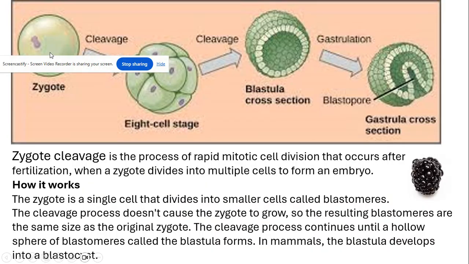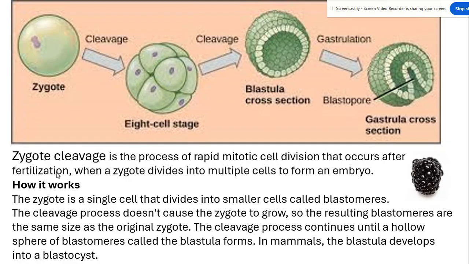Zygote cleavage is the process of rapid mitotic cell division that occurs after fertilization. So we actually had meiosis and then we have mitosis. So mitotic cell division occurs after fertilization when a zygote divides into multiple cells to form an embryo.